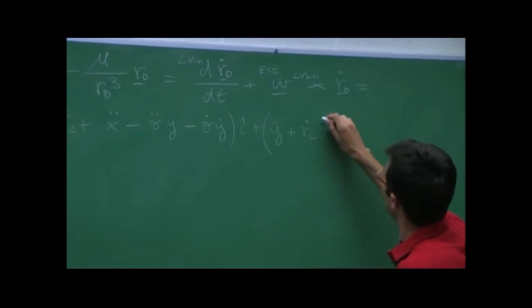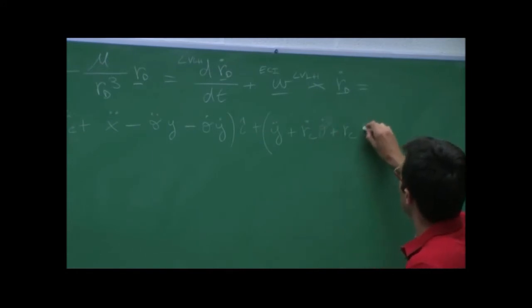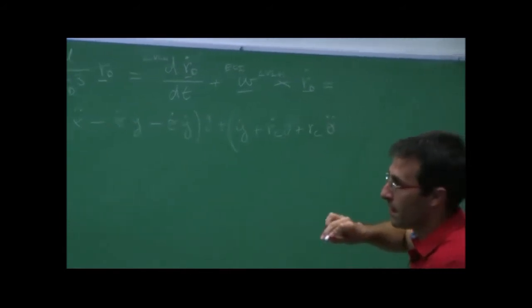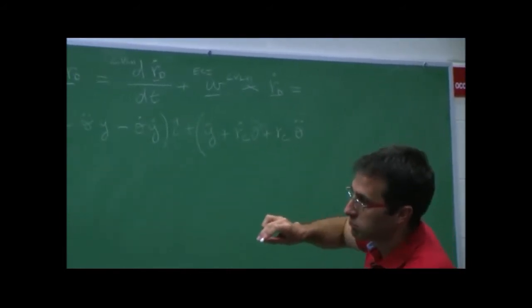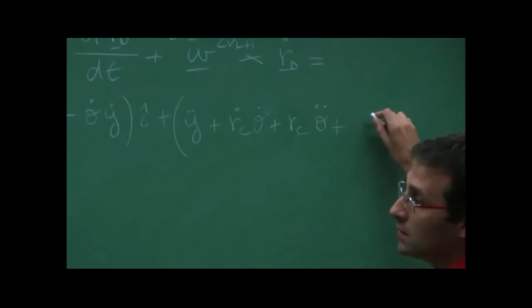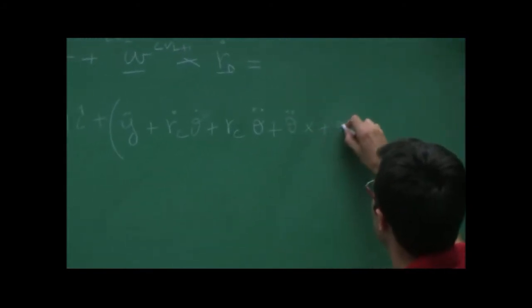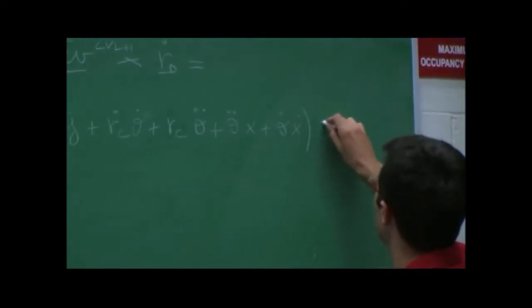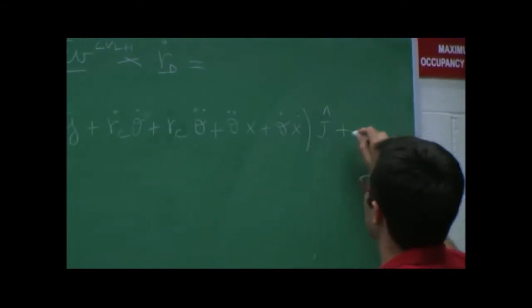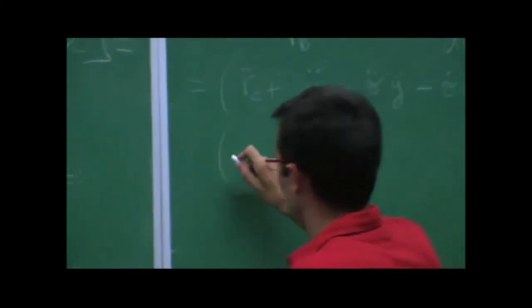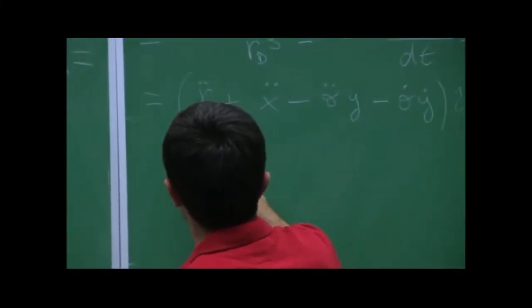This is a product. Plus RC theta double dot. Plus, let's see, theta double dot x plus theta dot x dot on j plus, that's an easy one, z double dot k.